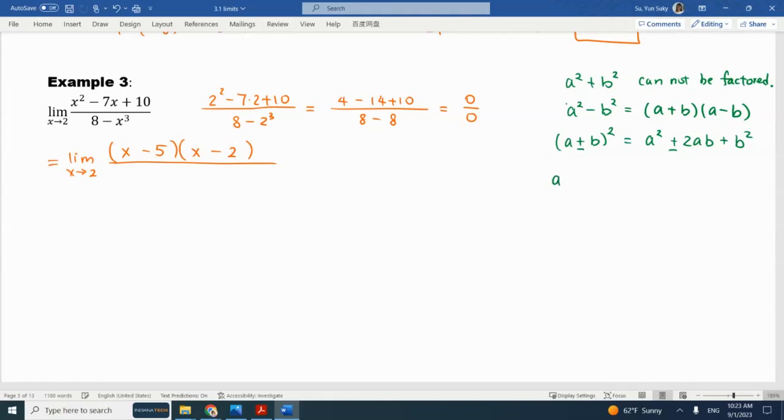And if it's a minus b squared, it's a squared minus 2ab plus b squared. Okay, now the new one: a cubed plus b cubed. If it's degree 3, you have a factor of degree 1 terms, so a plus b, and then another factor of all the degree 2 terms, so they are a squared. If this is plus, the linear factor will be plus.